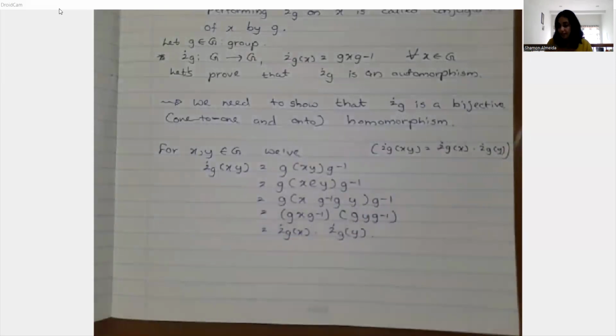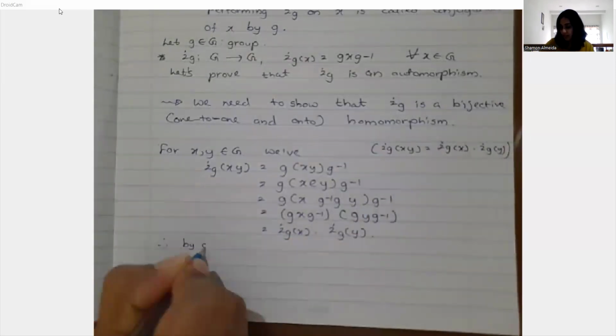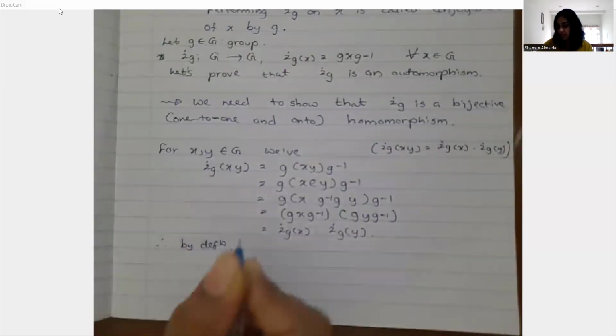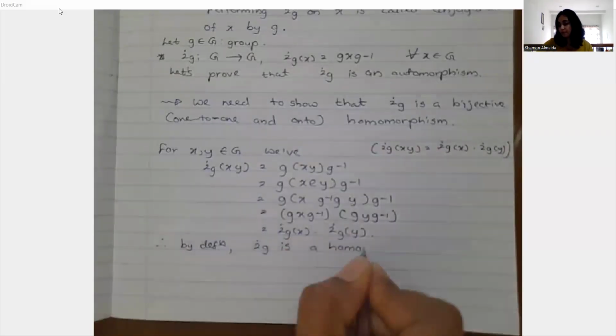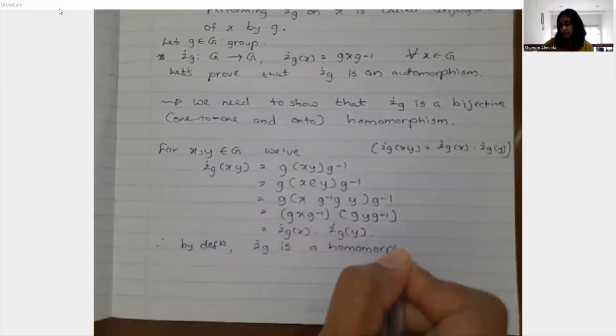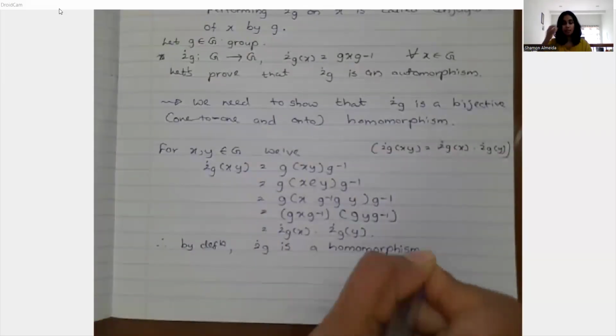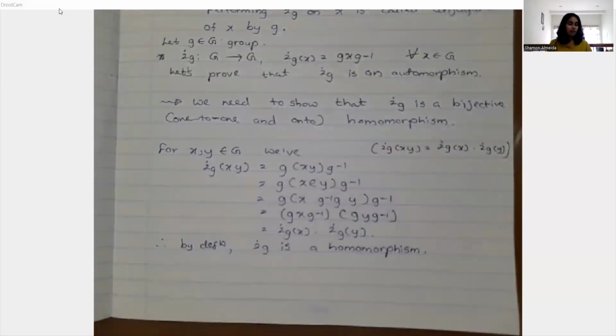And therefore, by definition of a homomorphism, we see that I sub G is a homomorphism. Now we have to show that this function is one-to-one as well as onto.